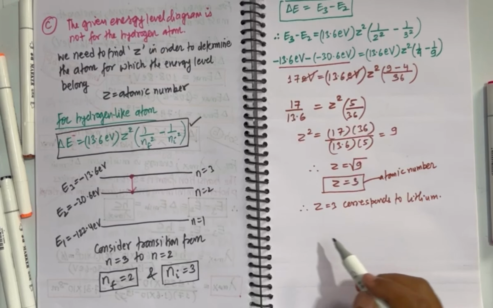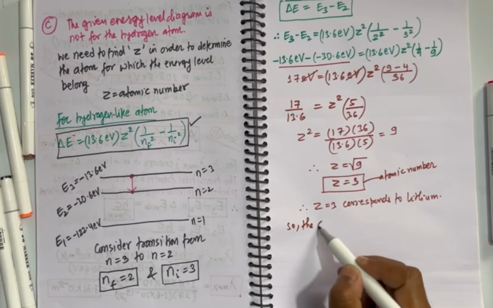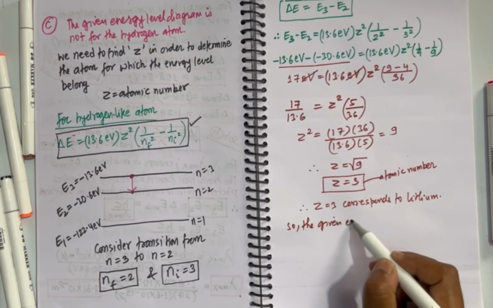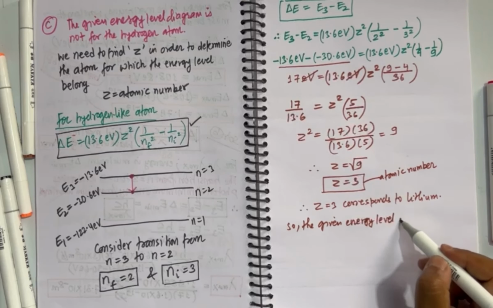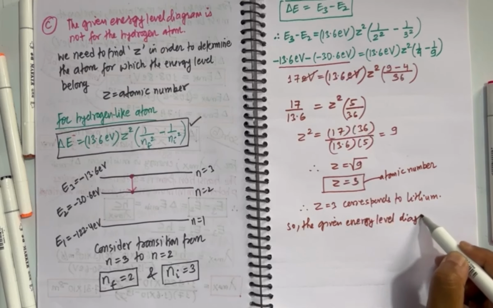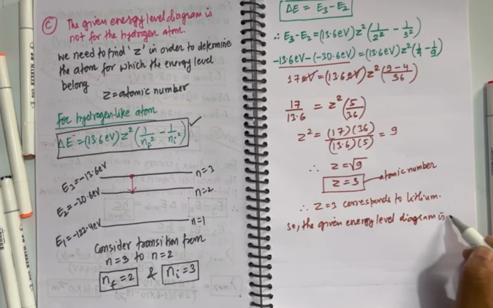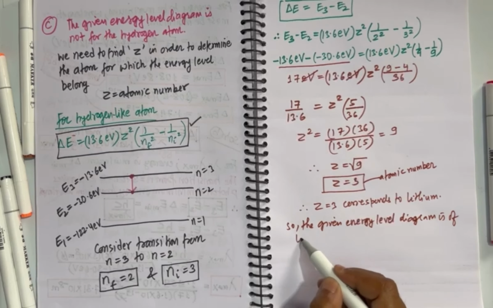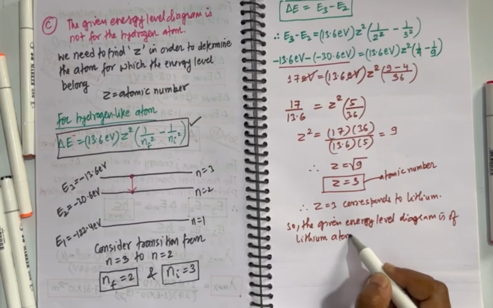So the given energy level diagram is of lithium. This is of the lithium atom.